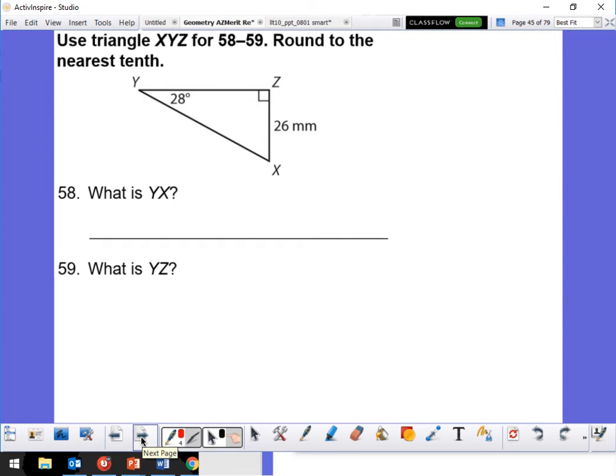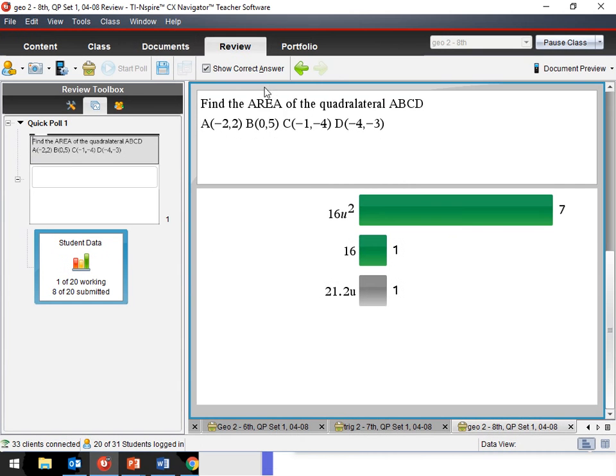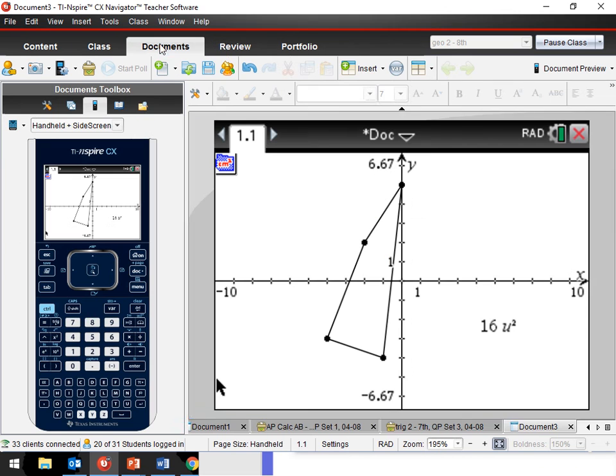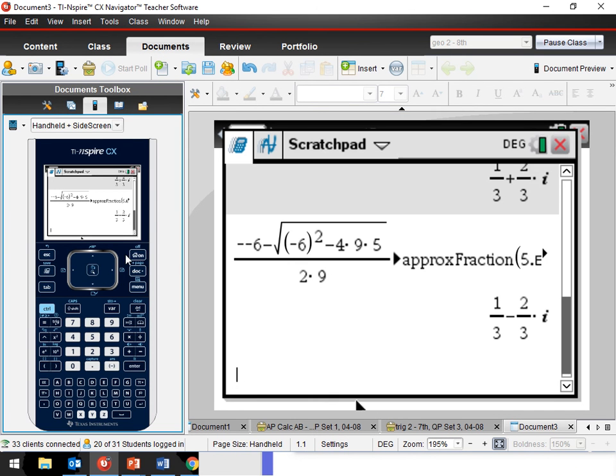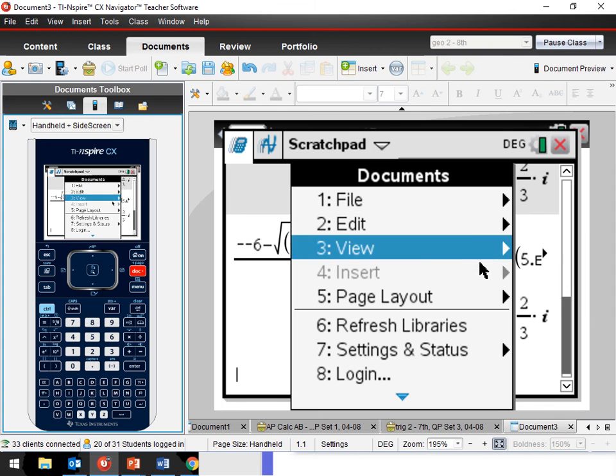All right, this is the point where you take your handy dandy calculator and make sure what? Degrees. Is it in degrees? Yes. Okay, good. Now I have to change one thing because I had my trig students doing something else. I'm going to go scratch pad here. So doc, I'm going to reset the calculator.